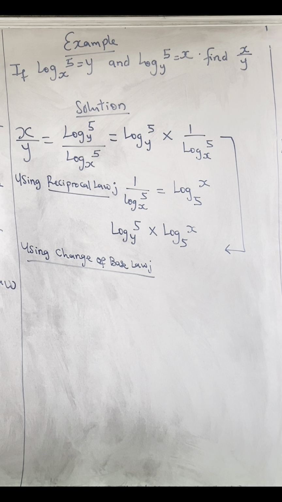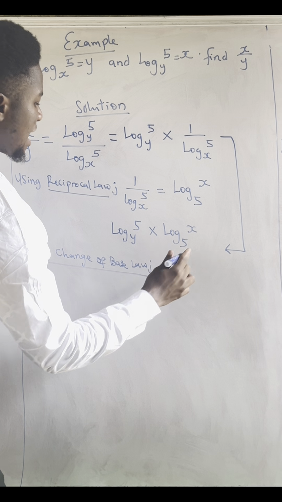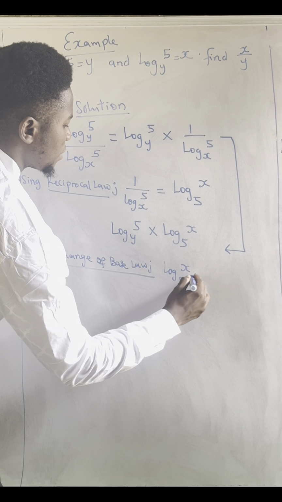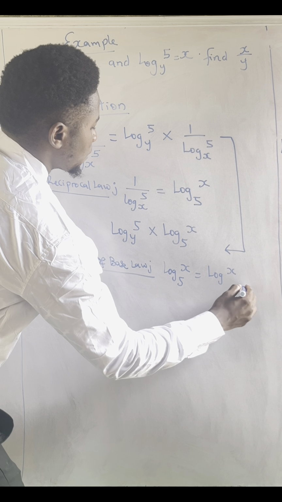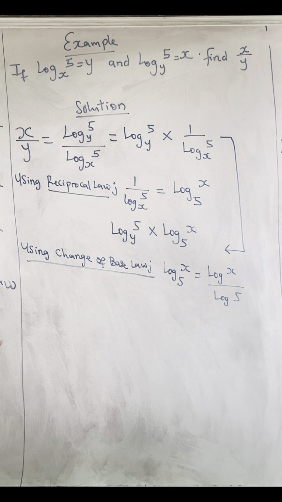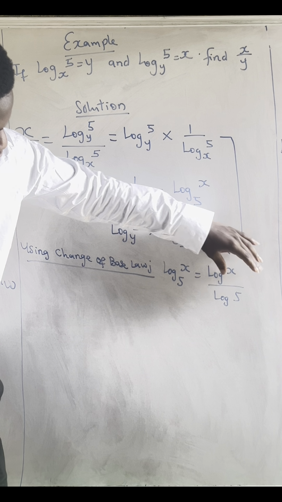Now, guys, what I'm going to do here is let x base b equal log x over log b. According to the change of base law, the number b is the base.